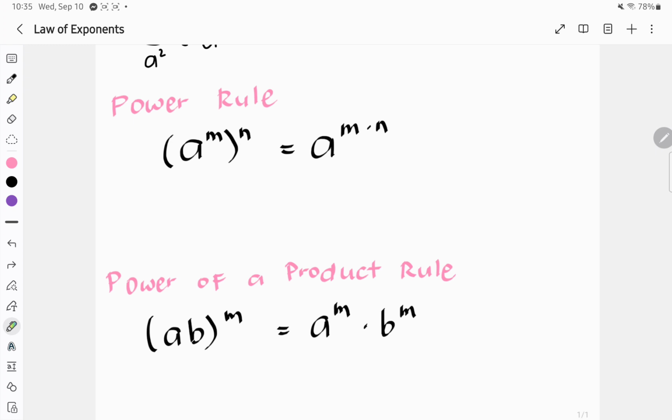What we will do is multiply the two exponents. For example, you have x raised to 5 raised to 2. This will be x raised to 5 times 2. You simply multiply the two exponents. So that will be x raised to 10.